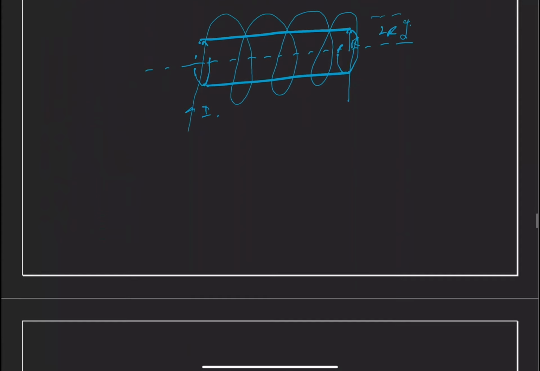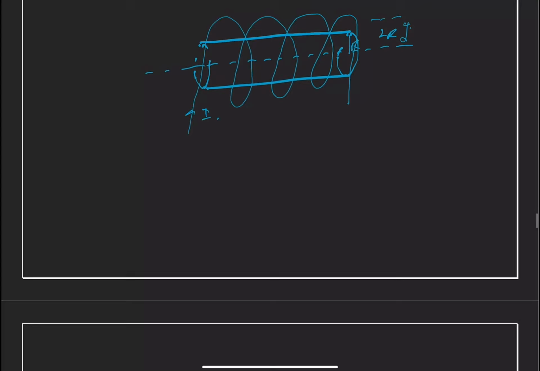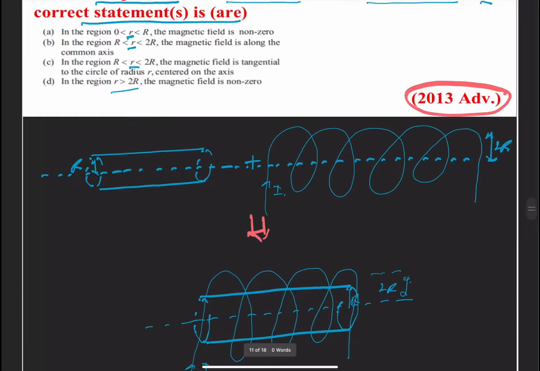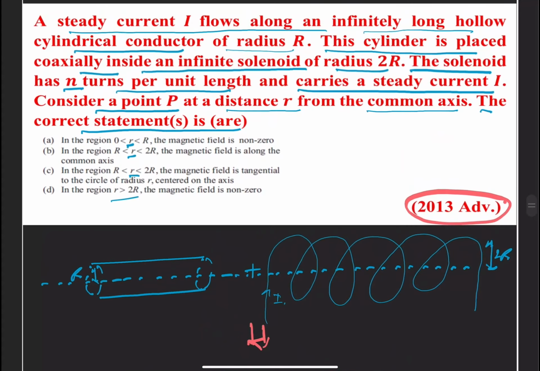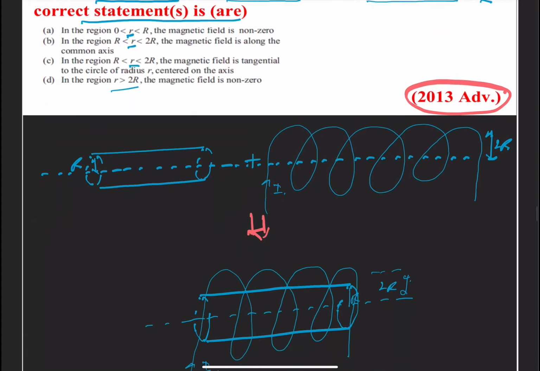So the things which are given to us: a steady current I flows along an infinitely long hollow cylindrical conductor. The current is also in the solenoid.